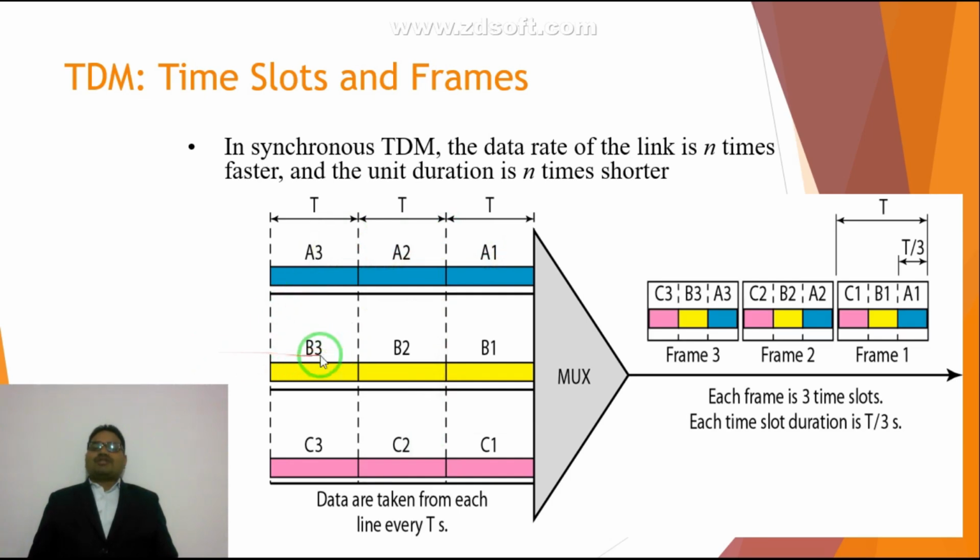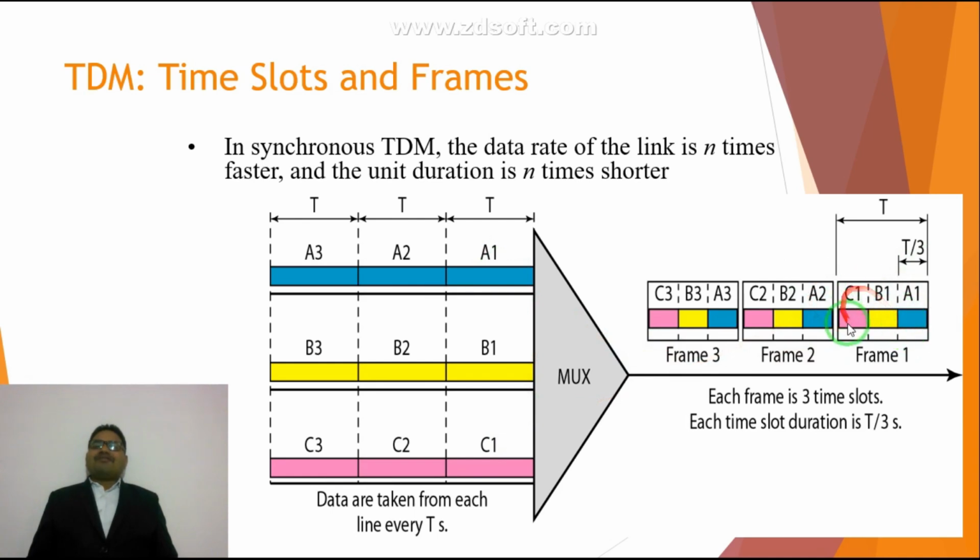Information from source B is split into B1, B2, B3, and so on. So we are going to take the data from each line. See, this is frame 1. We are going to take the data first from A1, source A, then B1 and C1. So one frame is completed.